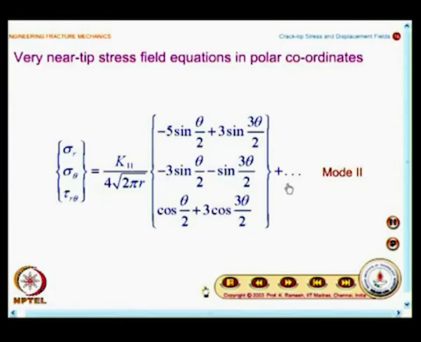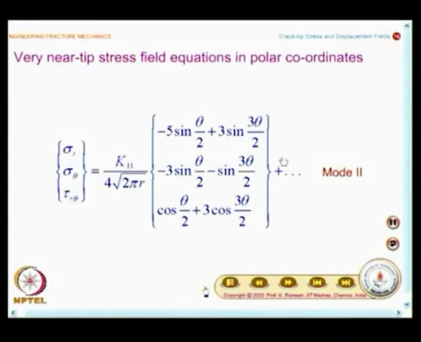Even while writing it, I write it in such a fashion that you have higher order terms. See, the higher order terms are explicit when you follow the Williams function approach. When you do the Williams eigenfunction approach, the stress function is in a series form, and you get several terms in the series.